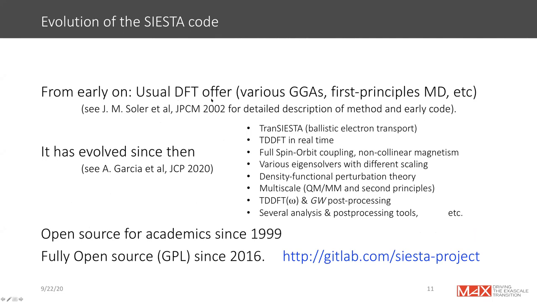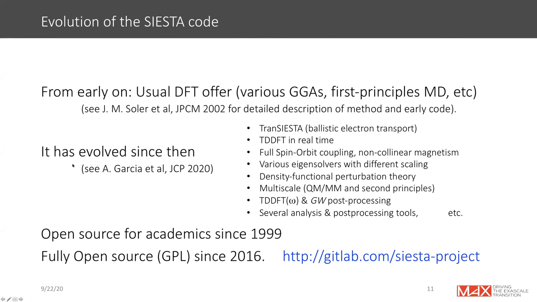So you could use different kinds of GGAs, you could do first principles molecular dynamics, different kinds of relaxations, different analysis tools, and so on. And the early code and the details of the method are all explained in a key publication in the Journal of Physics: Condensed Matter of 2002, Soler and other co-authors.